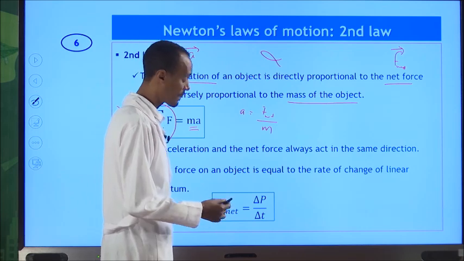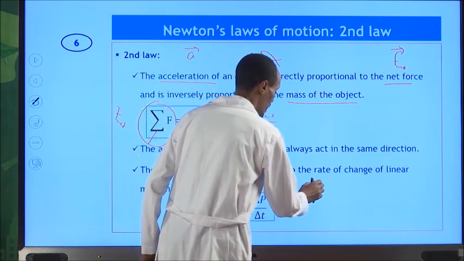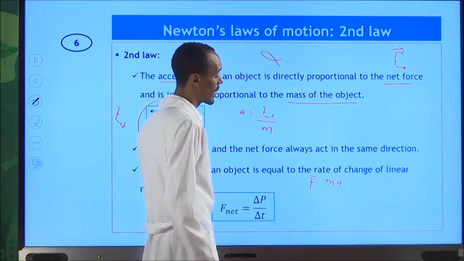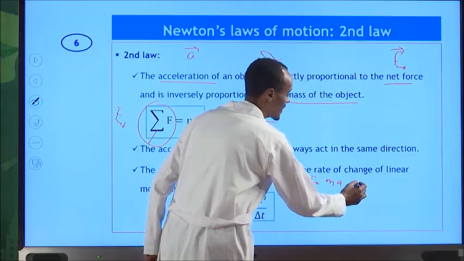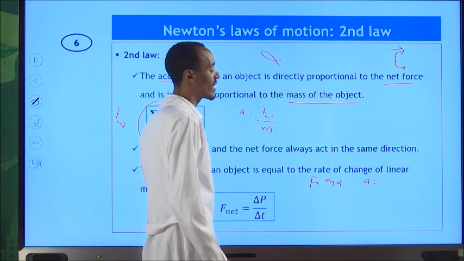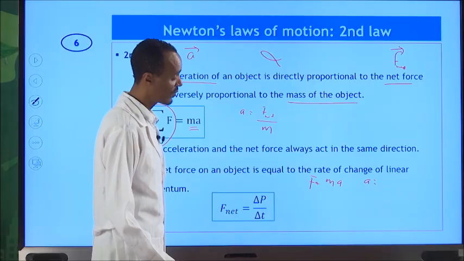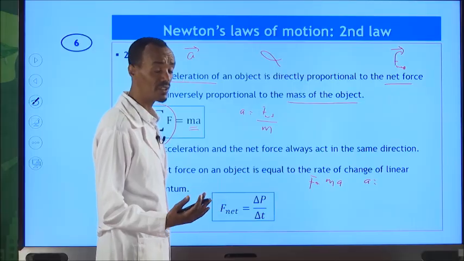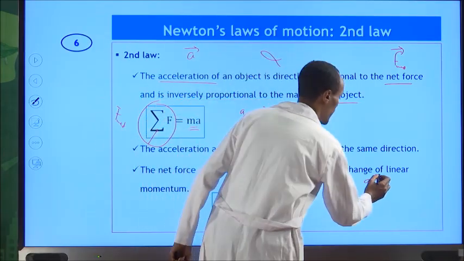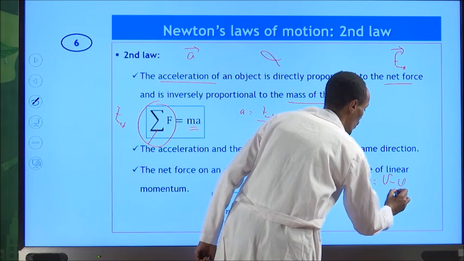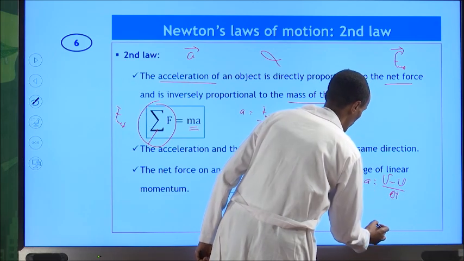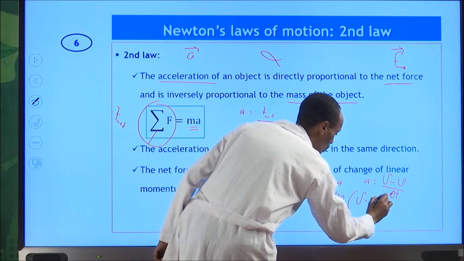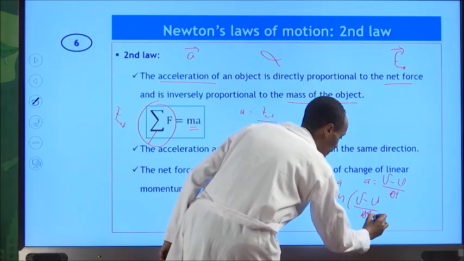As you have seen from the animation, you can start from the basic formula, which is m times a. Then acceleration, we know in uniformly accelerated motion, how to write the formula for acceleration. If we have the initial velocity u and the final velocity v changed in a time t, this is v minus u over delta t. Substituting, this is m times v minus u divided by the change of t.